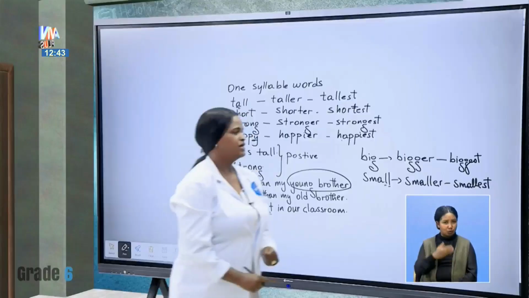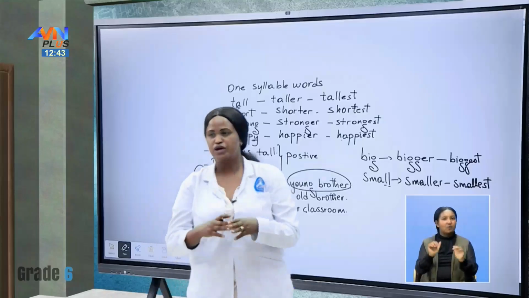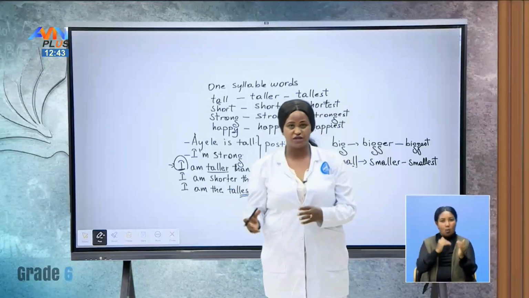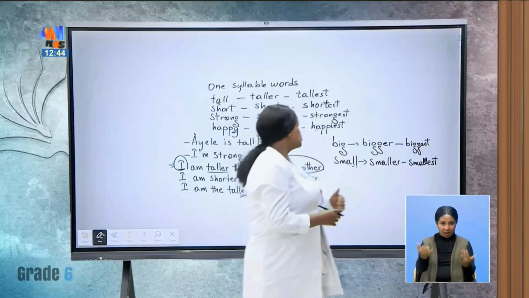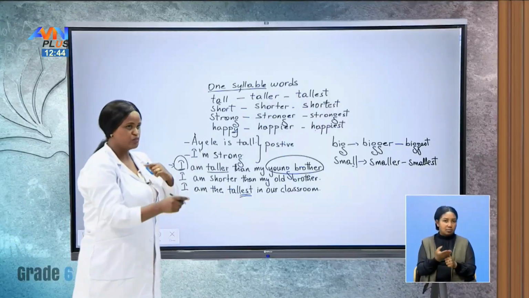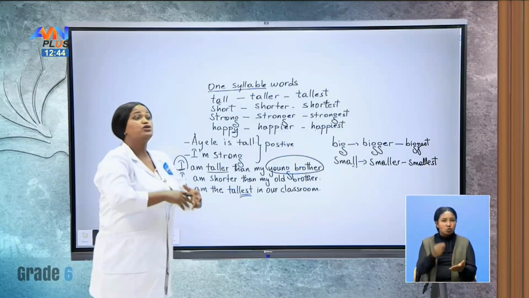Good. Now we have seen how we use comparatives, how we compare things, especially 2 things and more than 2 things, right? Now, I want to tell you, at first we said one-syllable words, or words that we say with a single breath. How about those words that come with 2 or more syllables?